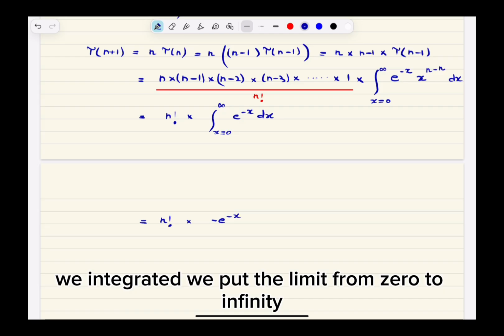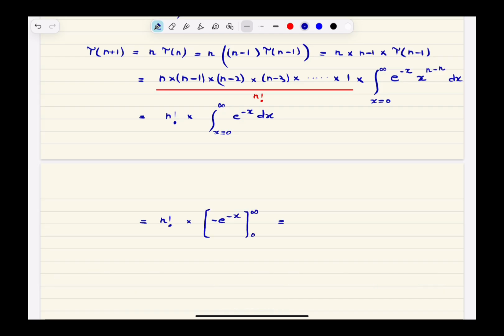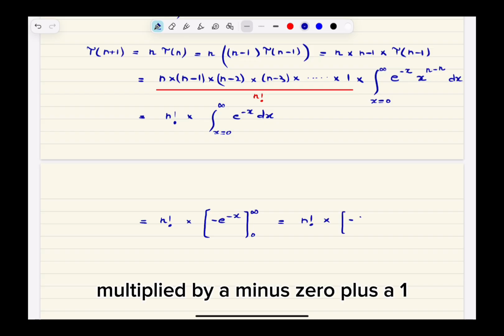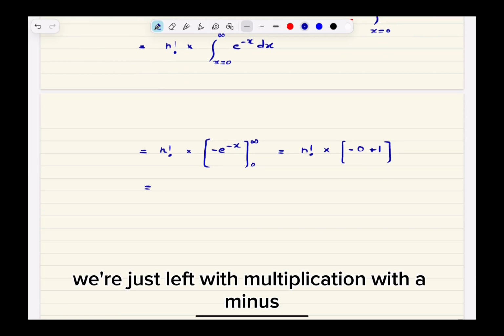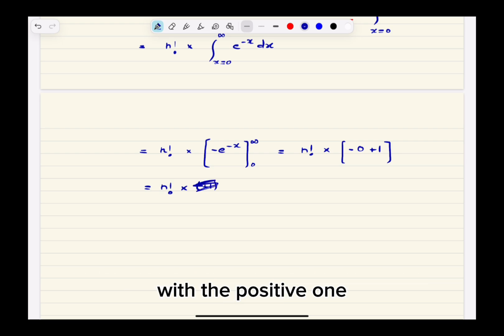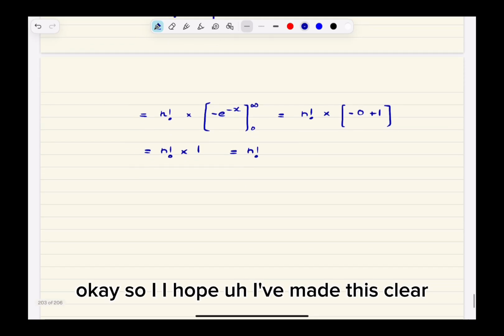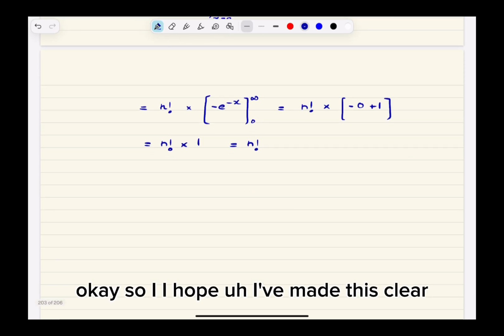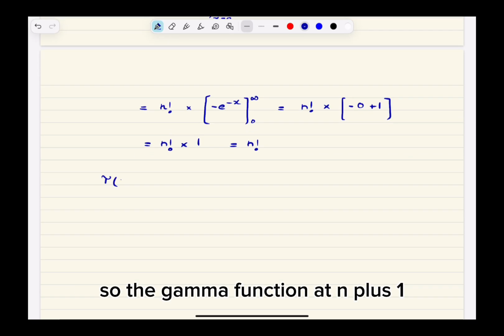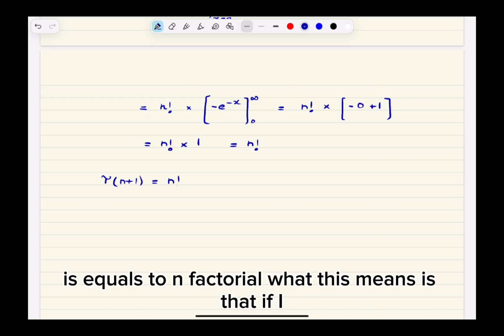We integrate it, we put the limit from 0 to infinity, and we have n factorial multiplied by minus 0 plus 1. So in the end, we're just left with multiplication by a positive 1. So therefore, the answer is n factorial. Okay, so I hope I've made this clear. The gamma function at n plus 1 is equal to n factorial.